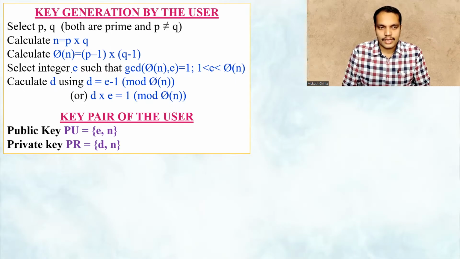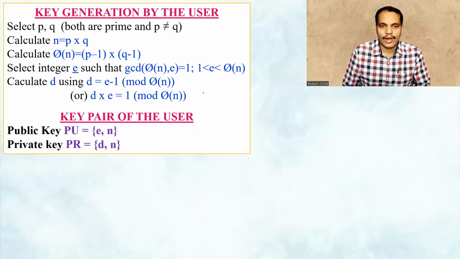Select an integer E such that GCD of psi of N comma E is equal to 1 and E is greater than 1 but less than psi of N. Then calculate D so that D is equal to E inverse, or else we can say D into E is equal to 1 mod psi of N.